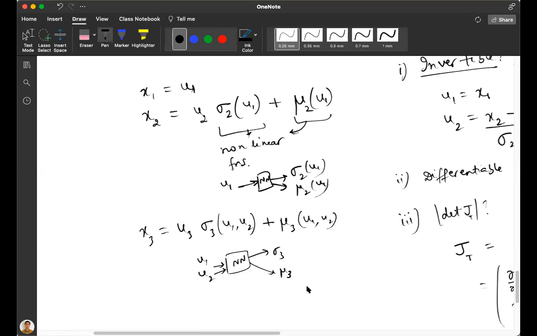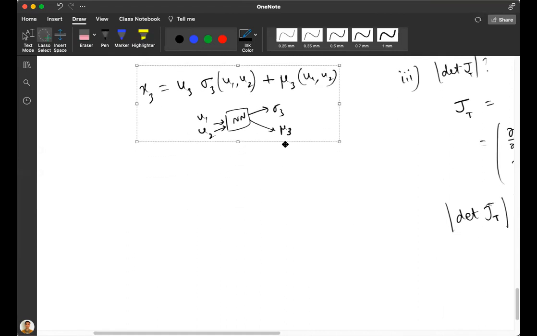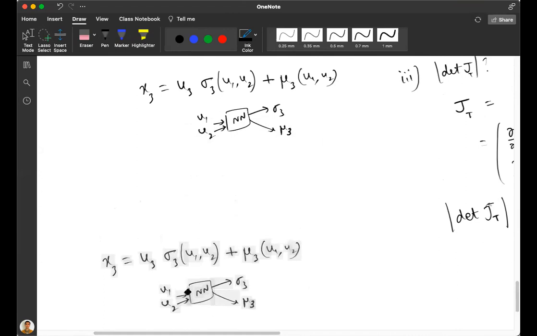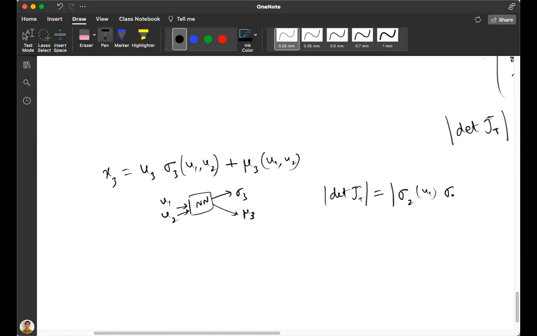Now, what will be the determinant of the Jacobian here? What is your determinant Jacobian? Sigma 2 into sigma 3. Yes, this will be equal to mod of sigma 2, which is basically a function of U1, times sigma 3, which is a function of U1 and U2.